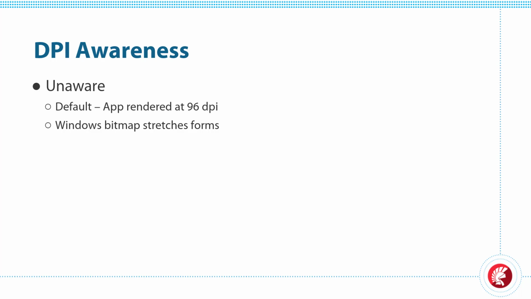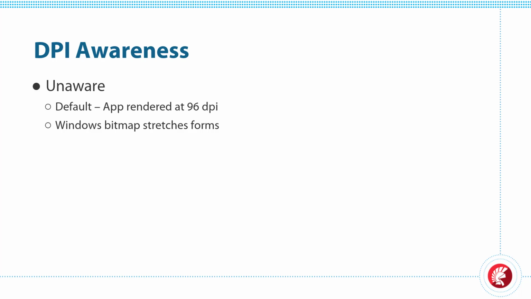Looking at DPI awareness, the first one is unaware. That means our app is going to be rendered at 96 DPI, just like it normally was. It's going to assume it's running on a standard 100% scaled monitor. If you run it on a monitor that has a higher DPI, Windows simply stretches the form.